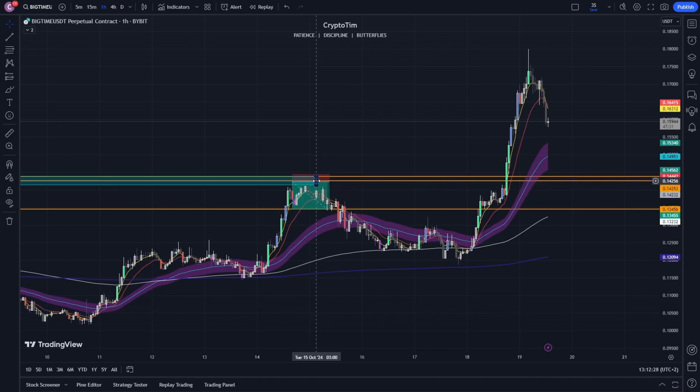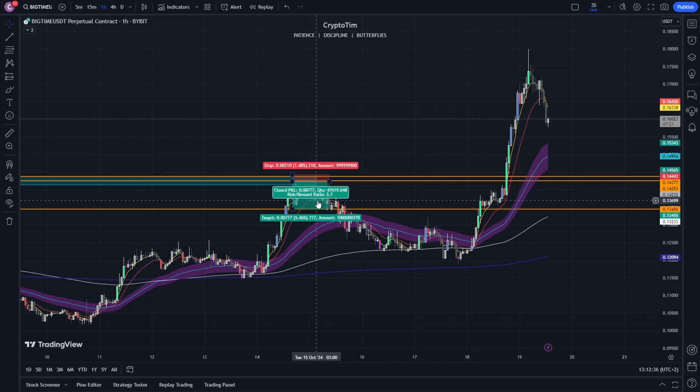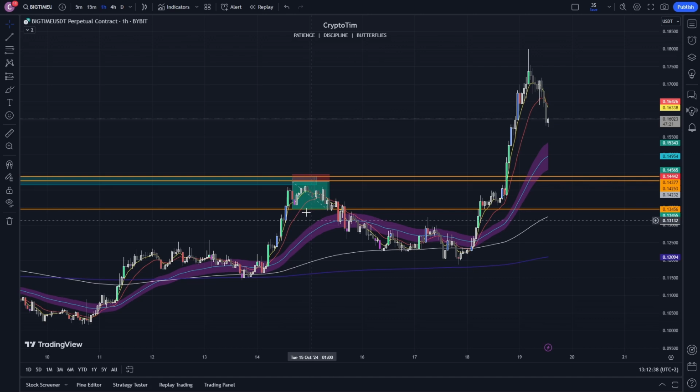So you could have potentially taken a swing trade all the way back down into this vector recovery. I personally looked for a scalping setup, so that's why we have our TP at the place where we have it right now, as explained in the video.